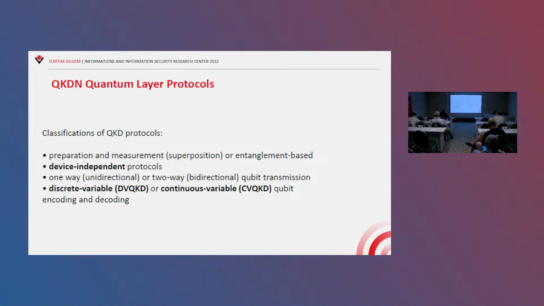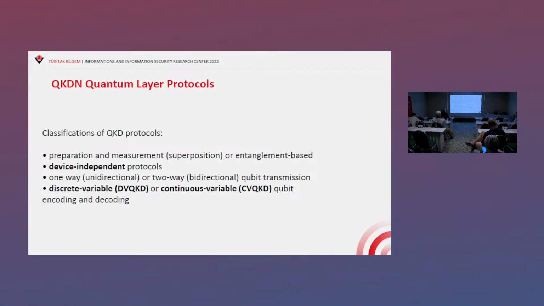But in the case of continuous variable, as we'll see, one would use a classical laser beam rather than a single photon. Because a laser beam is basically an electromagnetic wave, it has quadrature components, and the information is encoded on the quadrature components of the laser beam.